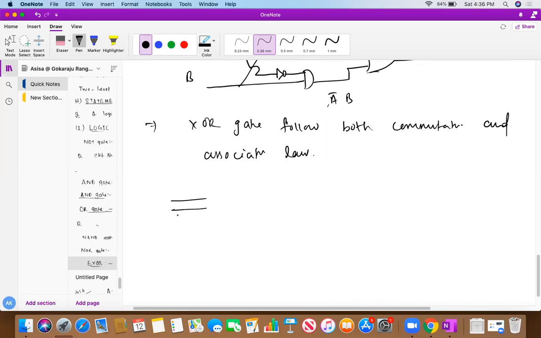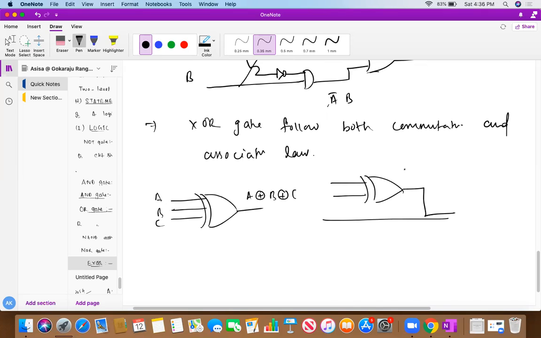This is my A, B, C, and this is my XOR gate, obviously A XOR B XOR C. Now if I make it like this, A XOR B, and take it here, this is my A XOR B and this will be my C, which gives me again an XOR gate. So this will be A XOR B XOR C.